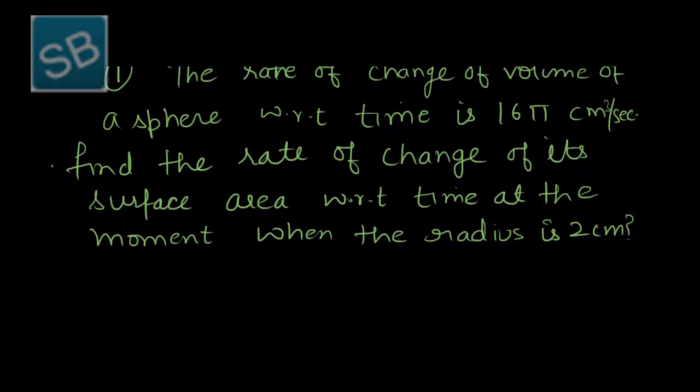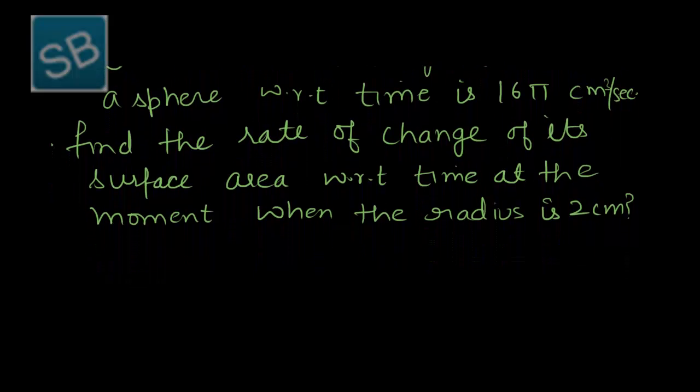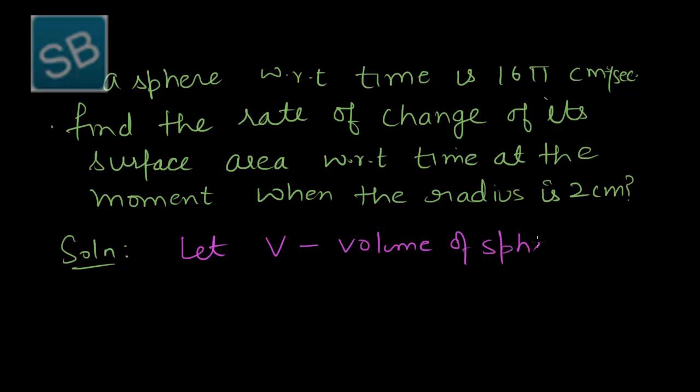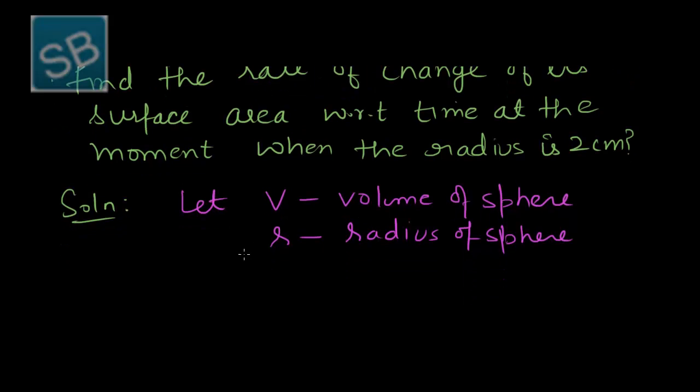So, here we have rate of change of volume of a sphere. The solution is, let V be the volume of sphere, R be the radius of sphere, and capital S be the surface area of a sphere.